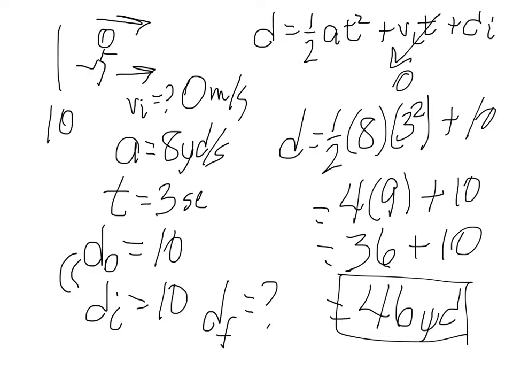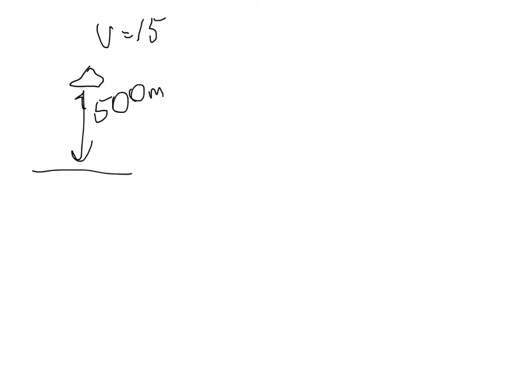So let's look at another one. An alien spaceship is 500 meters above the ground. So here's our ground. Here's our little UFO. And we know this is 500 meters. It is hovering at a constant velocity. So we know our velocity is 150 meters per second, and it is going up.